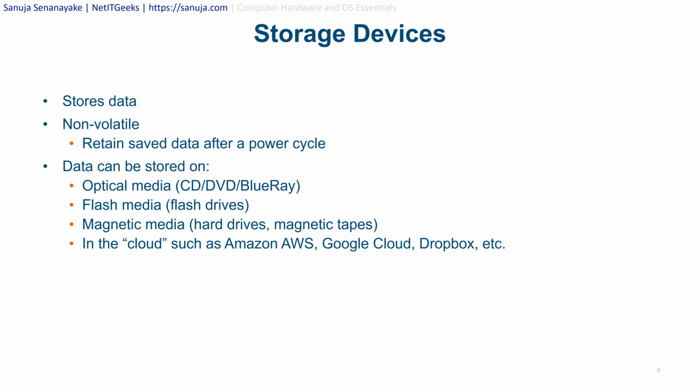Instead of you having a local storage device, the cloud system relies on a third party such as Amazon or Google to store your data, and they are most likely going to use magnetic media systems such as magnetic tapes and hard drives to store your information. I will not go over the cloud and how cloud works in this lecture. That will be a separate lecture. Today's focus is going to be the storage devices that you can physically install on a desktop, laptop or a server.